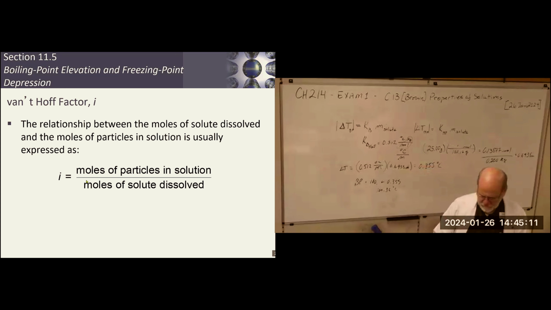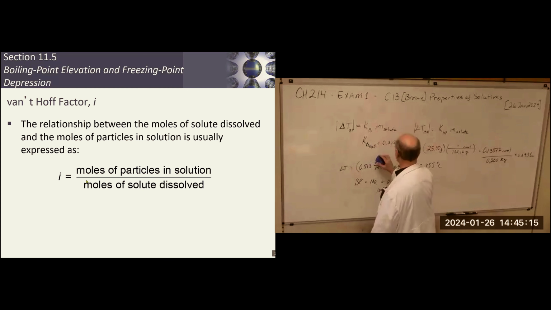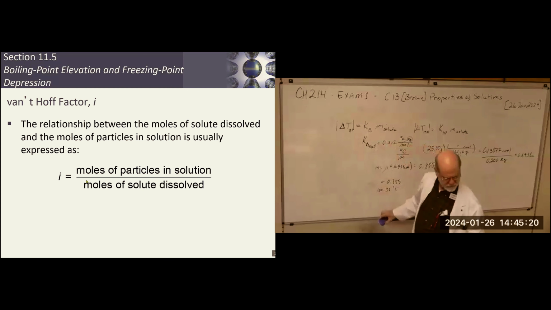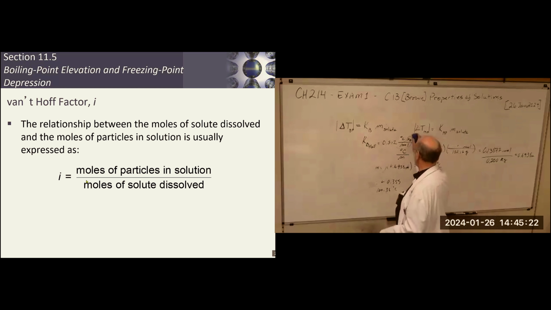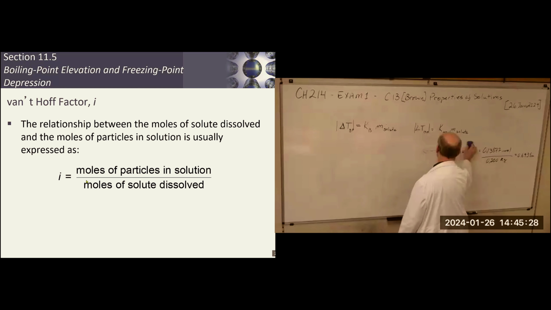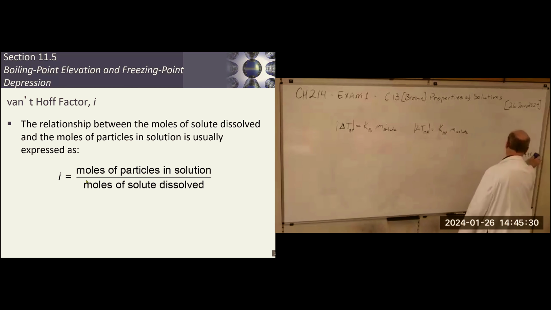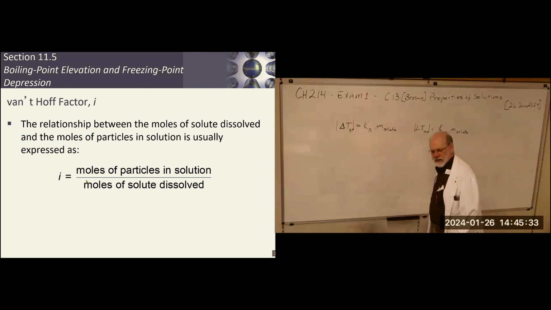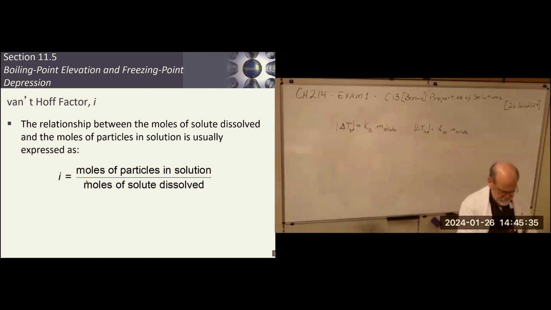Now, here's the fly in the ointment. The van 't Hoff factor. I don't want to erase that; it's still in my phone, so I can erase this. The van 't Hoff factor is a correction factor that's usually empirically determined, but it follows a pattern.